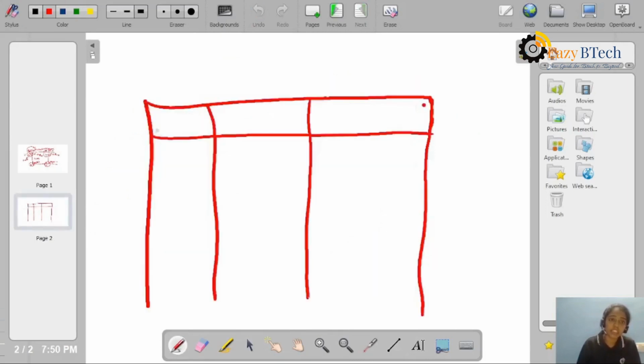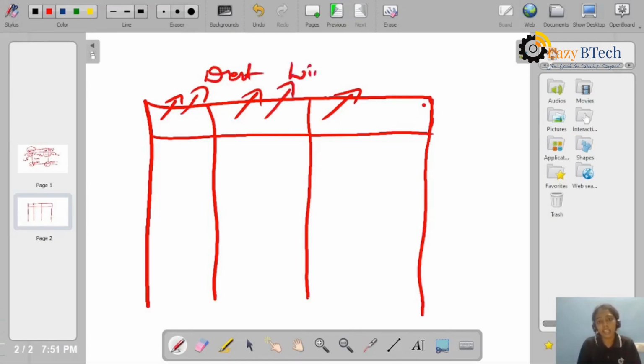See, this is a routing table. In this, we have three slots. The first one means destination, the second one link, and the third one hop, which is nothing but a node or device.